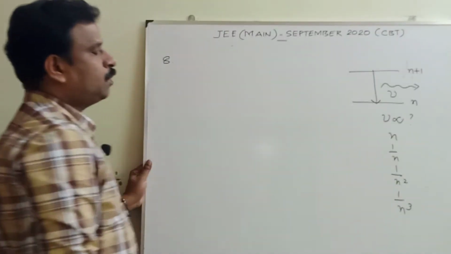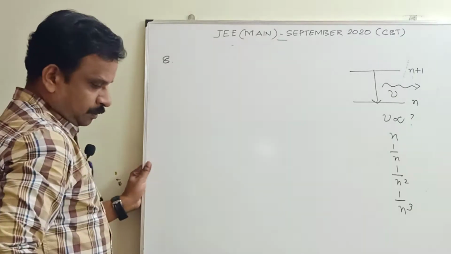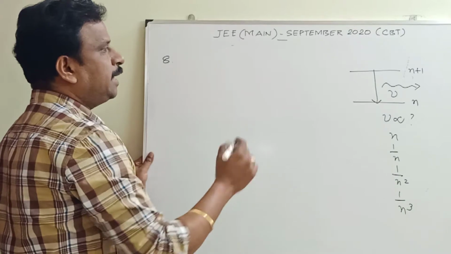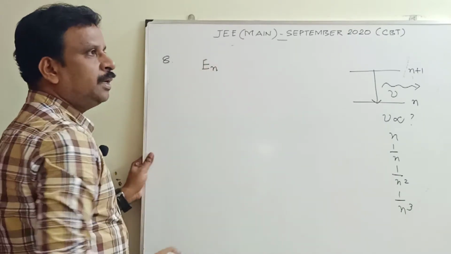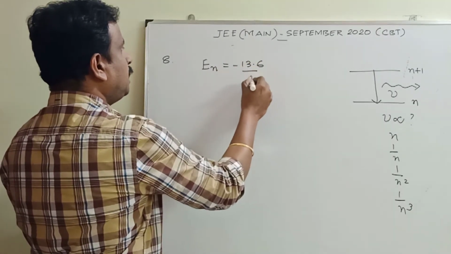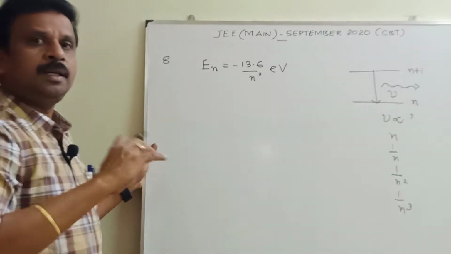Okay. This is what the options given in the problem. Now let me write down the energy associated with an electron in any energy level. Energy of nth level is equal to minus 13.6 divided by n square electron volt. This is the energy of electron at any energy level.